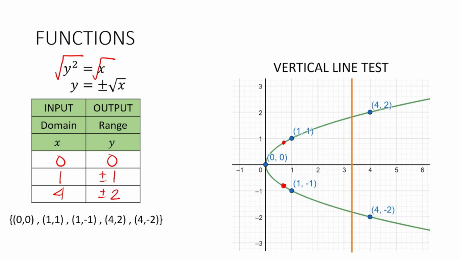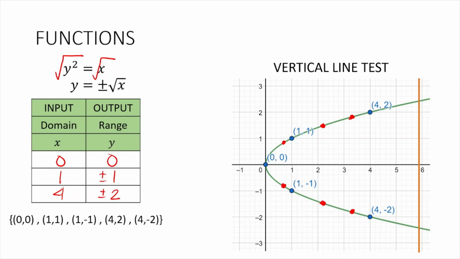This one also crosses the curve at 2 points, and so on and so forth. Therefore, the graph of this equation fails the vertical line test, and so consequently we can say that this equation is not a function.